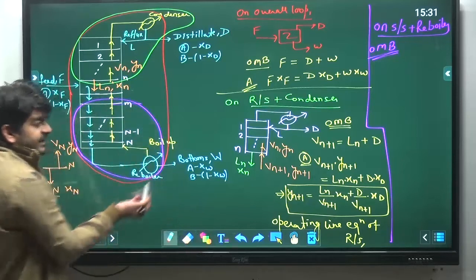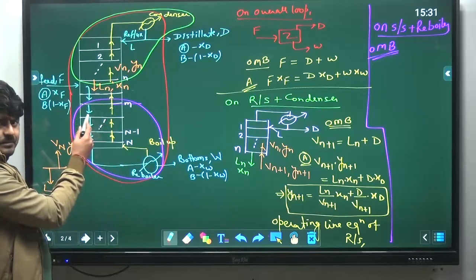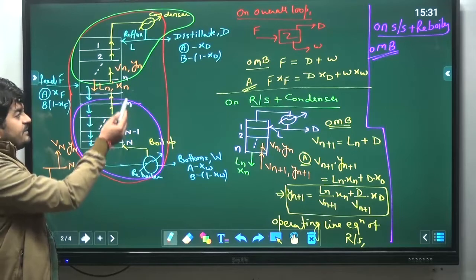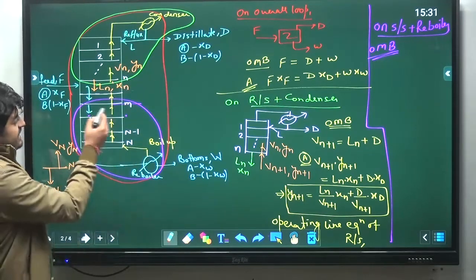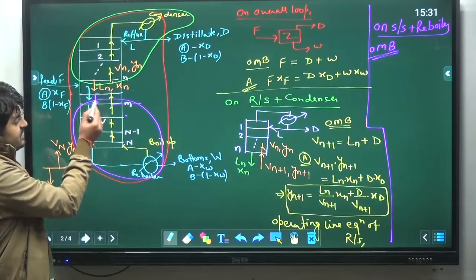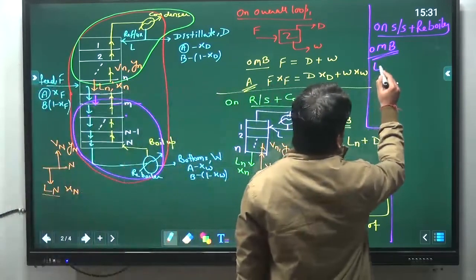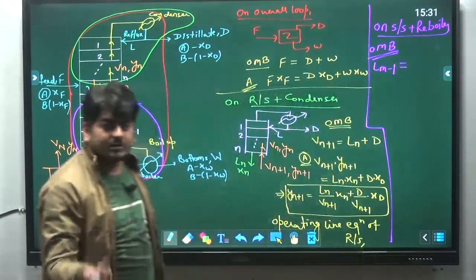So for the mth plate, the liquid leaving will have the flow rate Lm, and after that we will be having the m plus 1 plate, and before that we will be having the m minus 1 plate in general. So we can say the liquid which will enter on this mth plate will have the flow rate Lm minus 1.